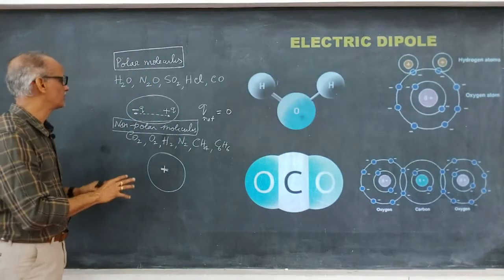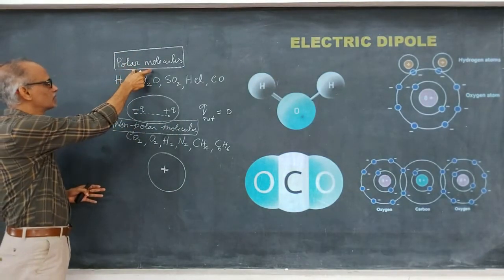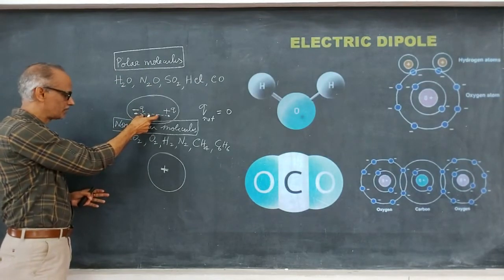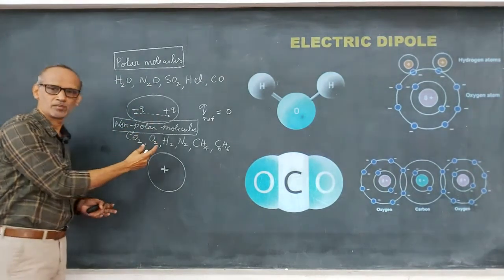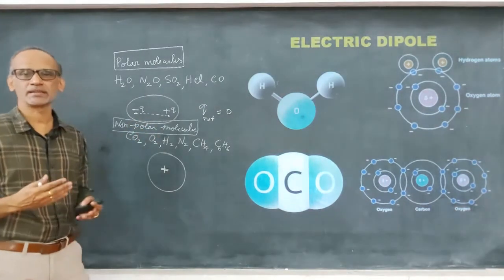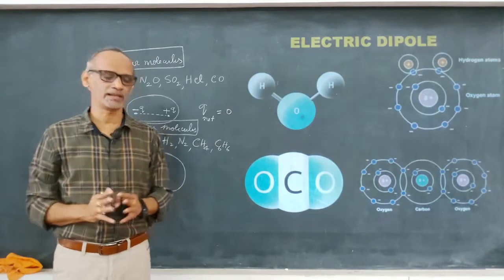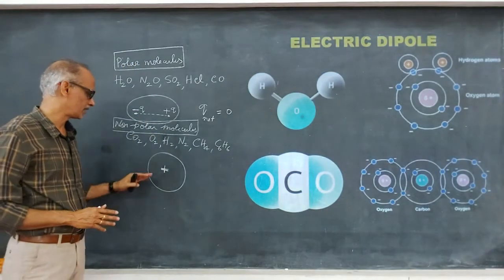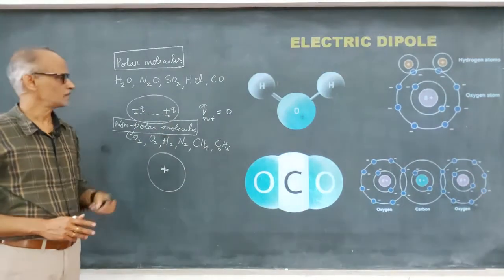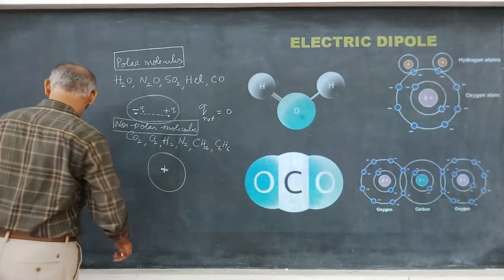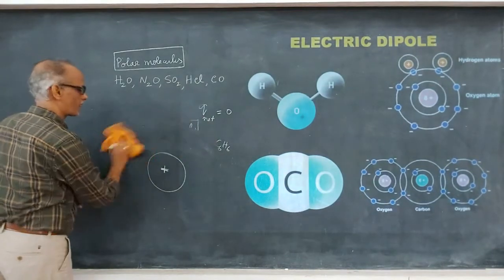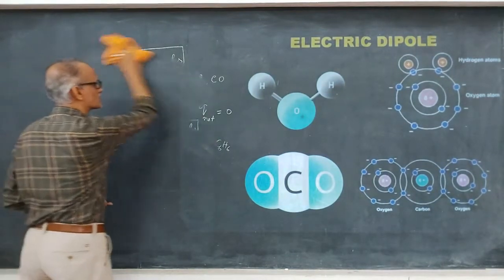As of now, remember that polar molecules are examples of electric dipoles, but non-polar molecules, yes, they do represent a dipole, but under certain conditions. Otherwise, in the absence of an electric field, they do not represent an electric dipole. So let's see more about the electric dipole and all the terms associated with it.